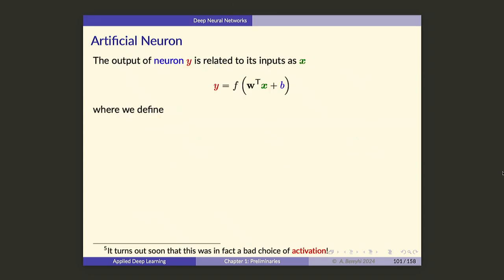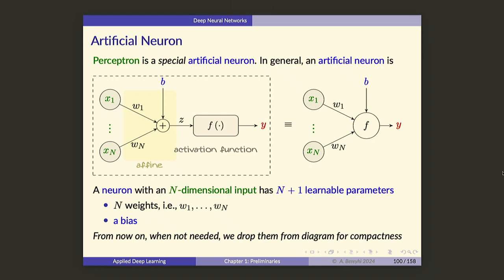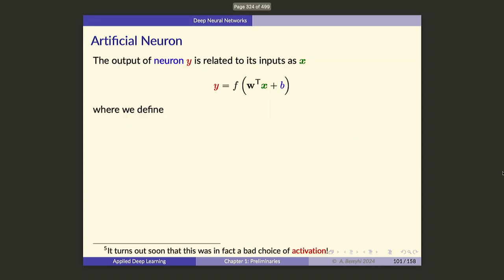So if I want to write it down mathematically, I would say this output y is the activation function of z, or what I'm going to call from now on, the activated version of z. And what is z? z is the linear transform of your input.